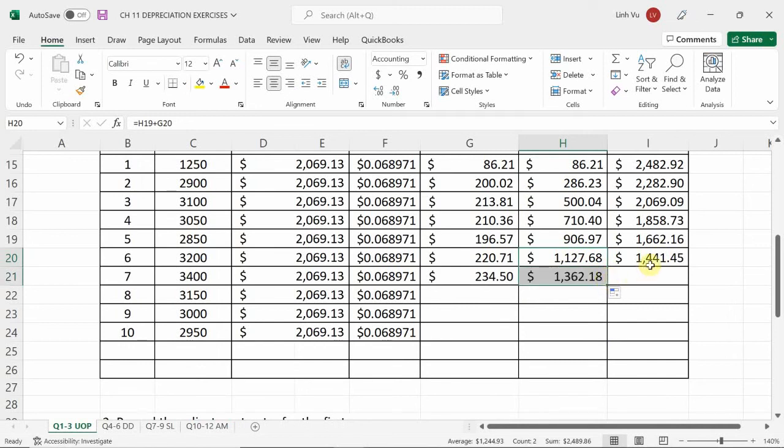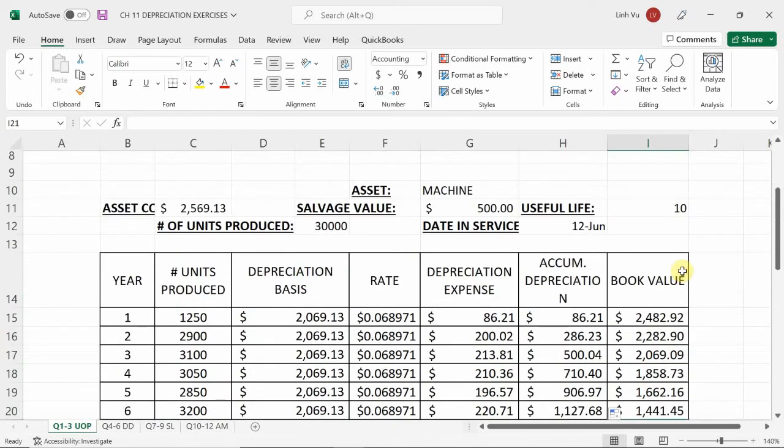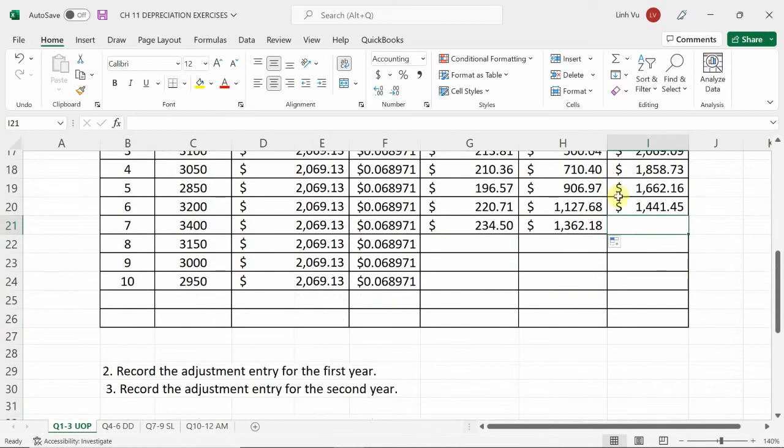Okay. Bringing your book value to be $1,206.95. Good.